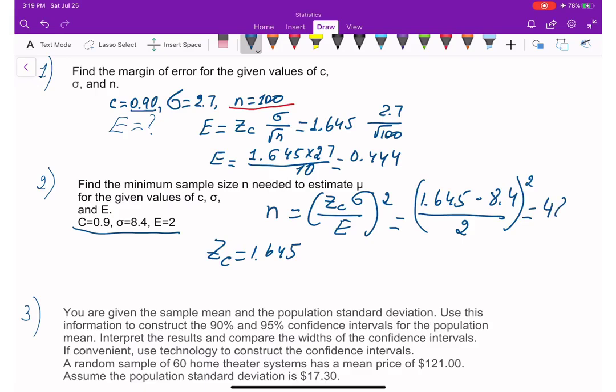Now, one thing I need to inform you: since it's a sample size, if you get, let's say, 47.01, your n, you're always going to round up to 48. This is not algebraic rounding. This is rounding by meaning, because if you are dealing with living things, be it birds, animals, or humans, how are you going to get 0.1?